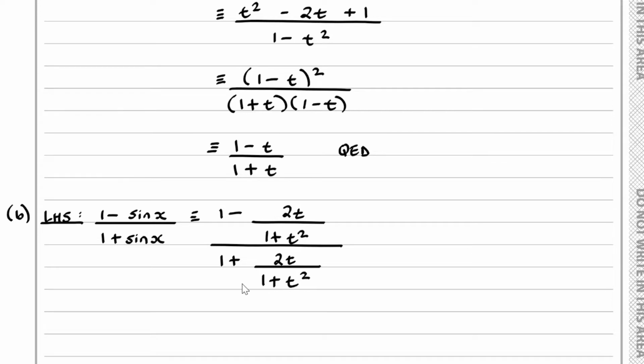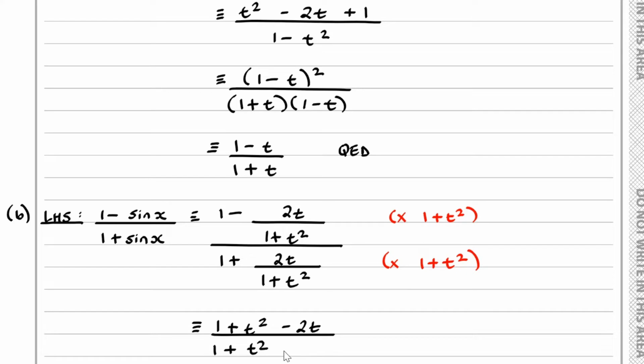What we can now do is multiply through by 1 plus t squared, and we will do the same on the bottom as well. If we do that, we end up with, on the top, 1 plus t squared minus 2t, and on the bottom we end up with 1 plus t squared plus 2t.